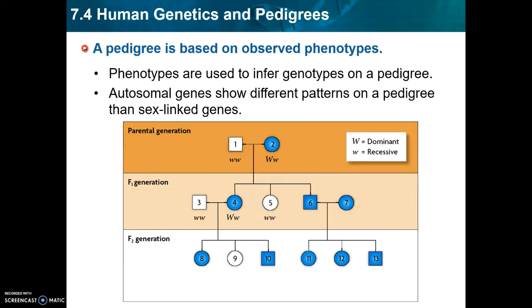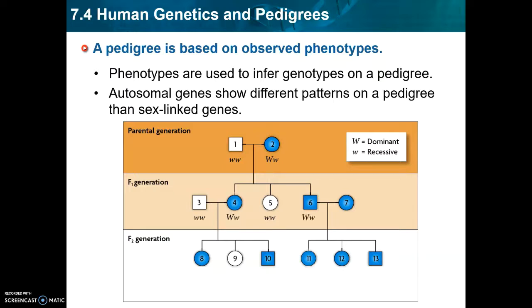Dad was homozygous recessive. That means dad had to pass down a recessive allele to all of his offspring. There's no way that person number 4 could have 2 dominant alleles because dad only had recessive alleles to pass down. So that's how we know person 4 is heterozygous.